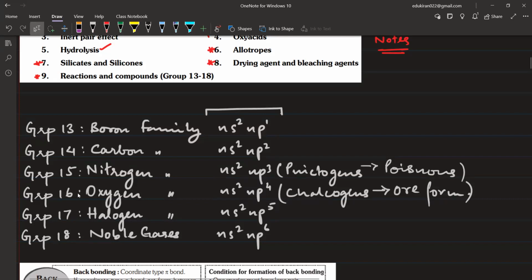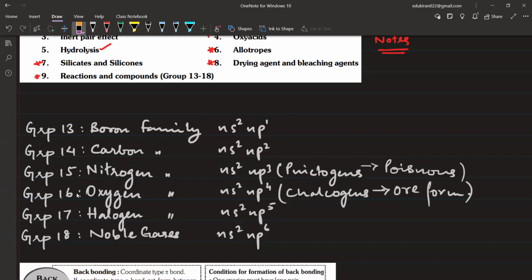From here you can see that ns2 is always there in the valence shell, and the electron is getting added in the p subshell. That is why these elements are placed in the p block. The last electron जिस p subshell में जाता है, उसी block में हम उसको रखते हैं. So we have np1 to np6.